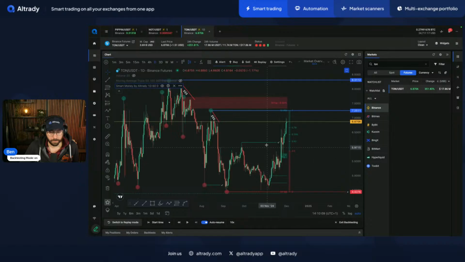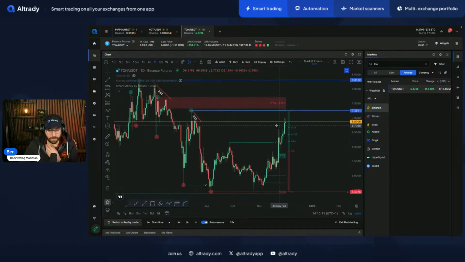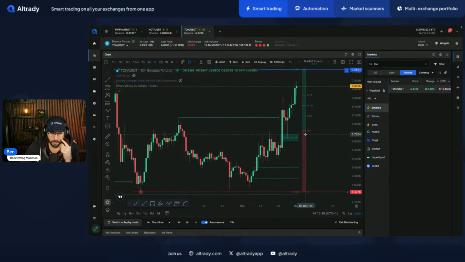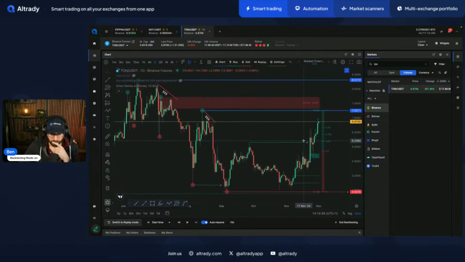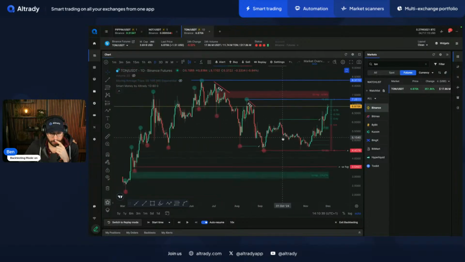All right. This one will be formed as soon as we progress one day. We can see that it took out this one and just continued up. It dipped into this fair value gap, so that's interesting, right? So daily is pretty bullish.